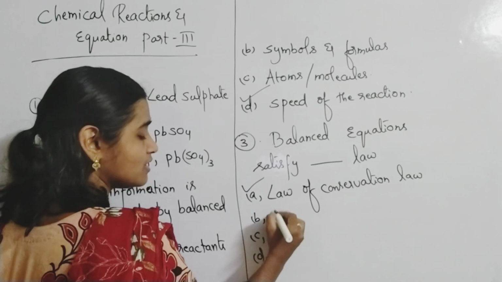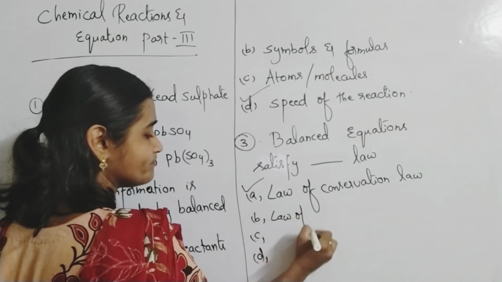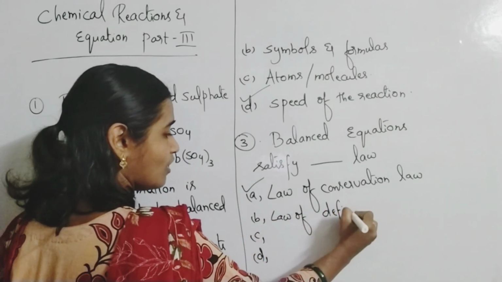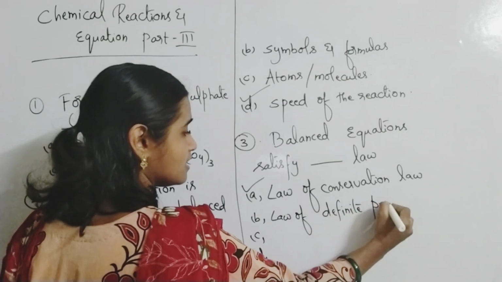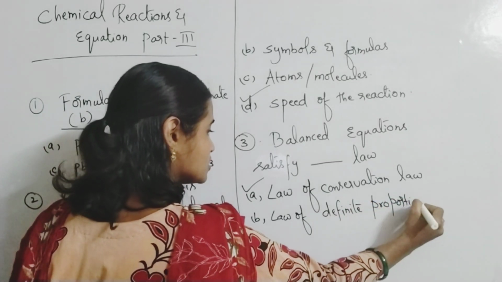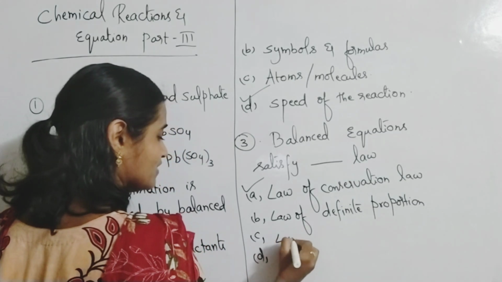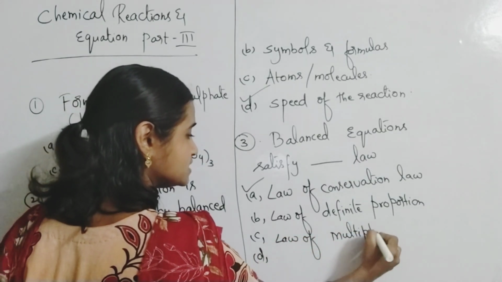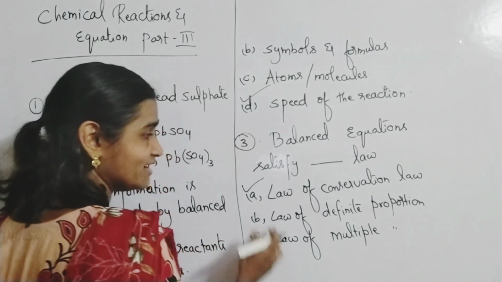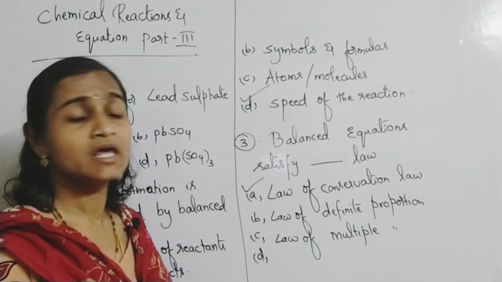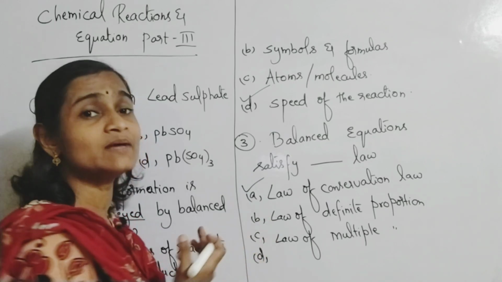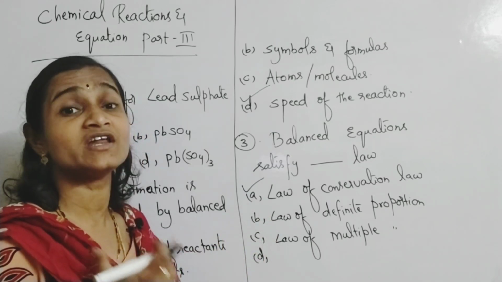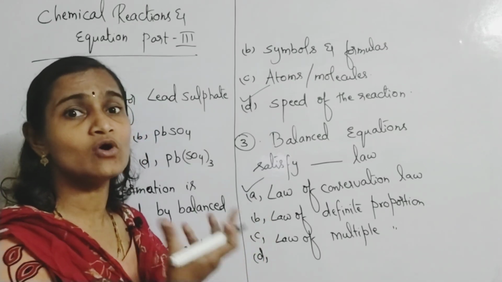What are those? Law of definite proportions, law of multiple proportions. You have a third law also, the law of multiple proportions, which is not relevant to a balanced equation. These two laws tell you how atoms combine to form molecules, in what ratio they combine to form a compound.